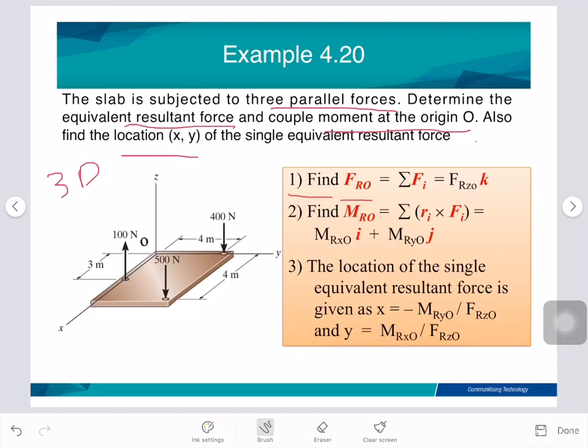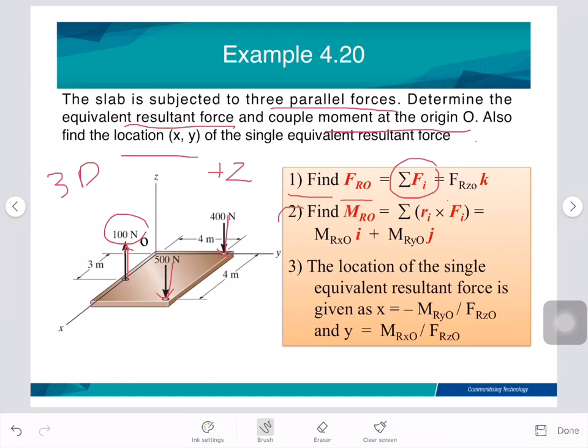So we understand that the force resultant is the summation of all the forces. So here we identify the forces: we have F 100, another one is 500 and another one is 400. So all the forces lie in the Z axis.